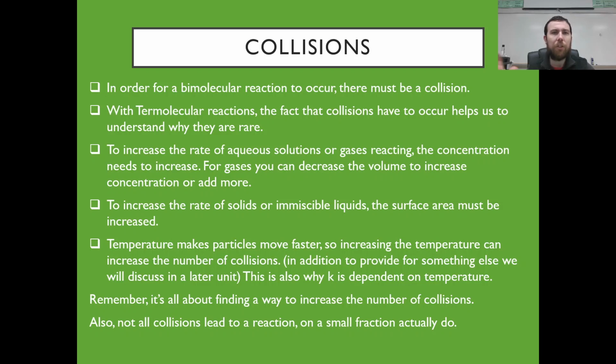Now, I do want to go ahead and just note that if something is termolecular, so that component where we have three different molecules, whether they're all the same or if it's three different or two of the same and one different, collisions in termolecular processes are really rare. And this piece about collisions helps us understand why, right? Because if you have to have three molecules that are hitting simultaneously in order to break bonds, that's going to be really difficult to control for and to account for. This is why they're so rare.